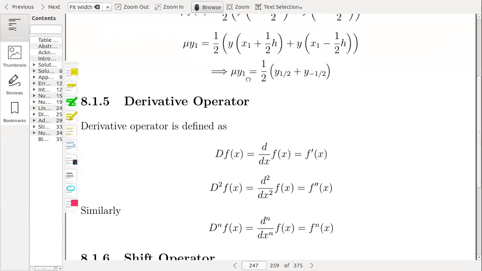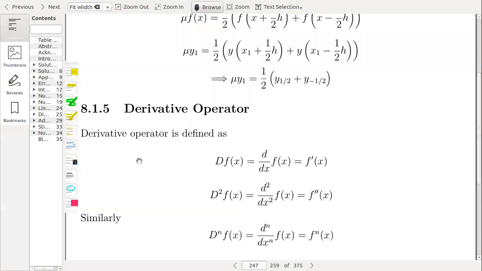Next is the derivative operator. The derivative operator is defined as D f of x is equal to d by dx f of x is equal to f prime of x.